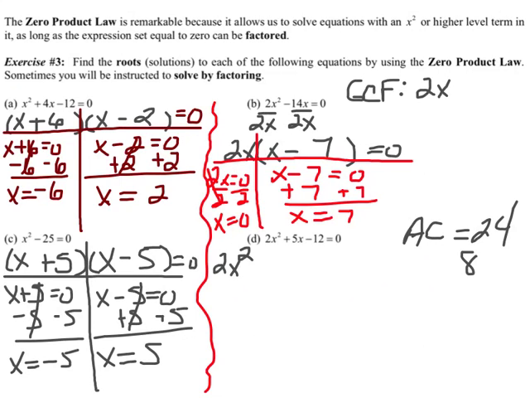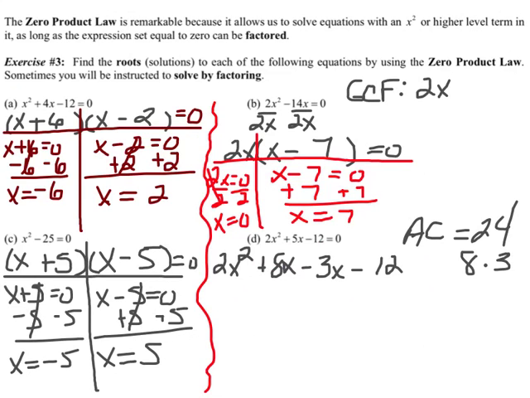I know that 8 times 3 gives me 24 and subtracts to give me 5. So I'm going to say plus 8x minus 3x minus 12. Don't forget these signs: my positive came down, and my negative told me that they should be different.